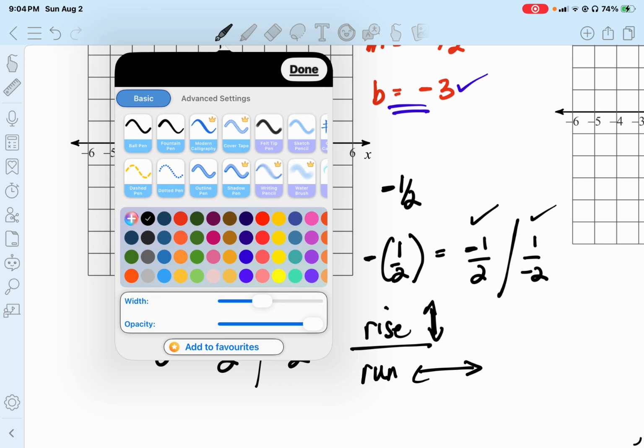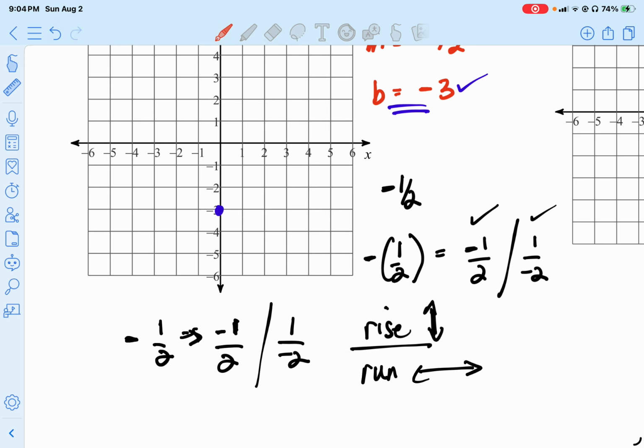So starting from our y-intercept, let's go with negative 1, which means that we're going to go down 1 and positive 2 means we're going to go to the right 2, right? For rise, positive is up, negative is down, and for run, positive is to the right, negative is to the left.